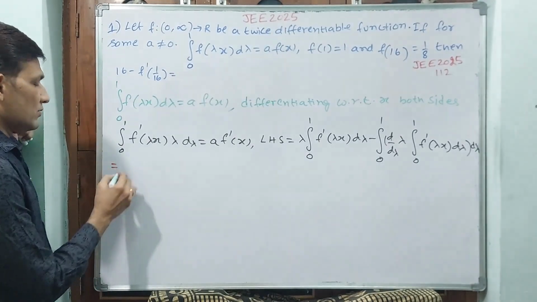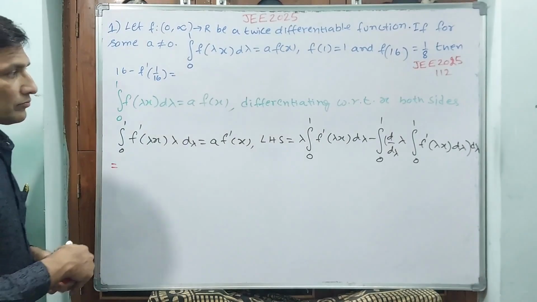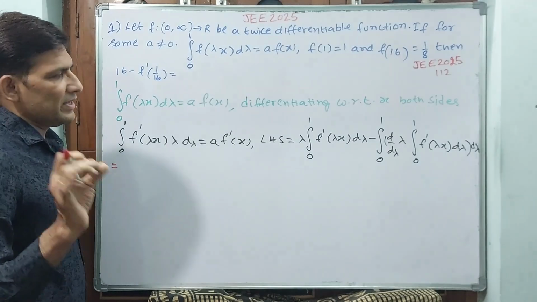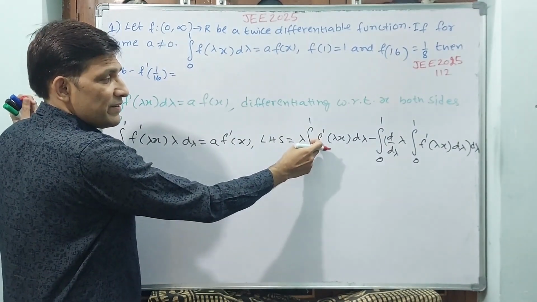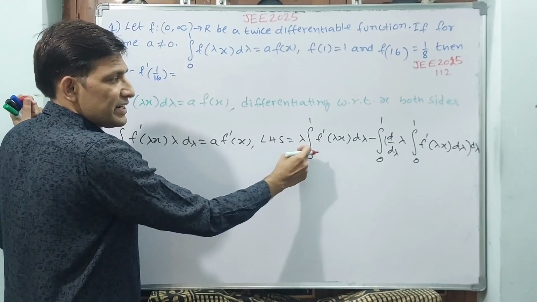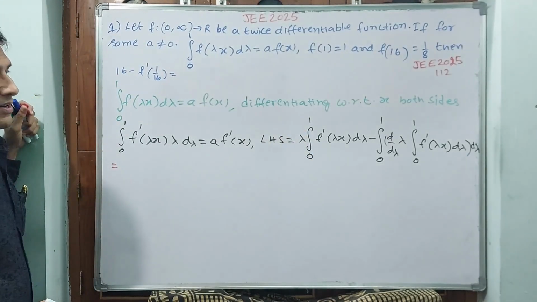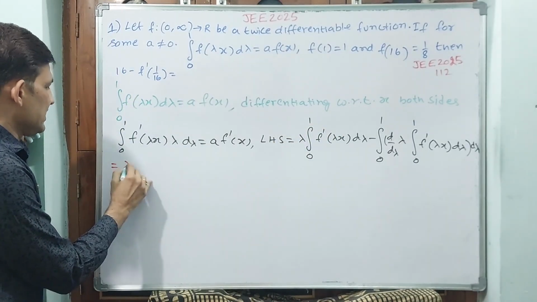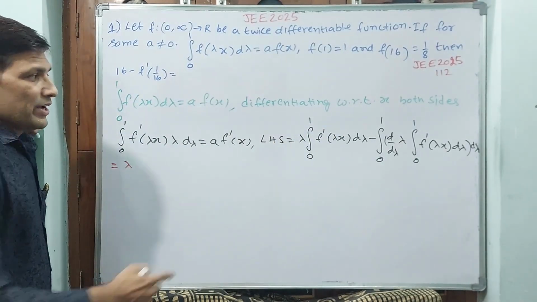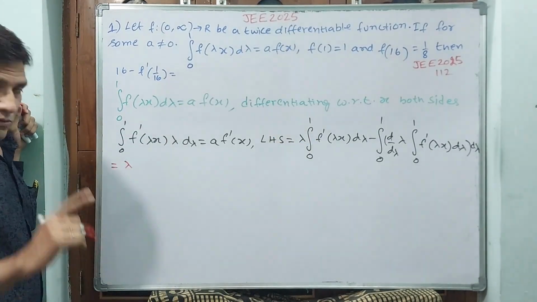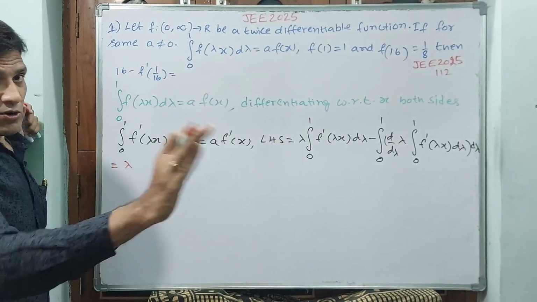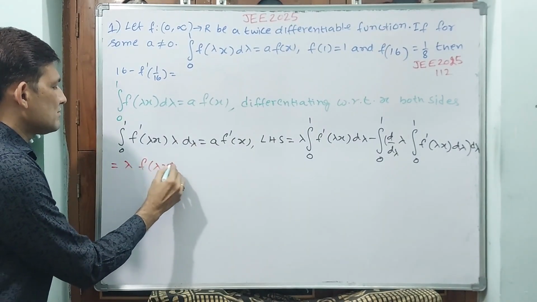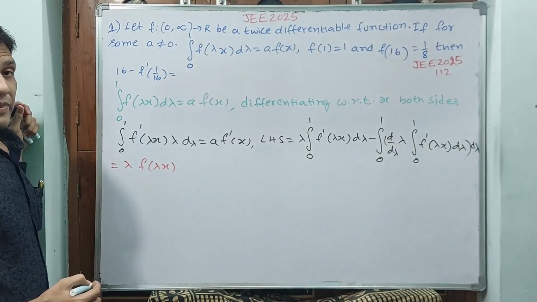Come back. That is equal to, see, integral f dash lambda x means a simple thing. You think this is differentiation, this is integration. Differentiation and integration cancel out each other as operations. Only differentiation I am cancelling, lambda will be like this only. So f of lambda x only will come.